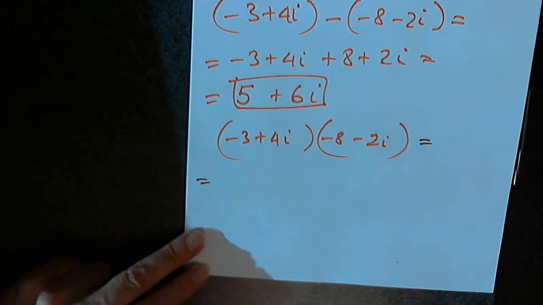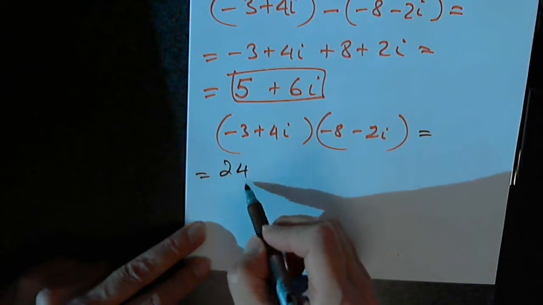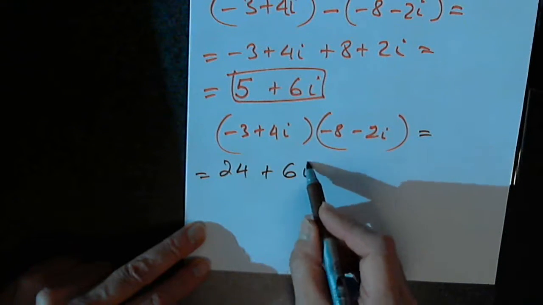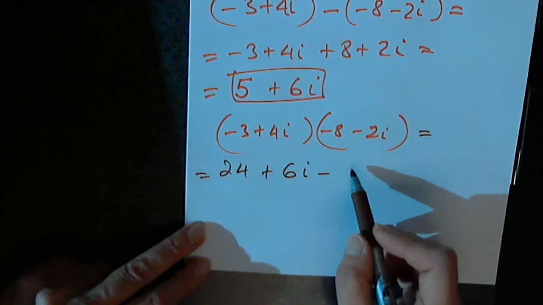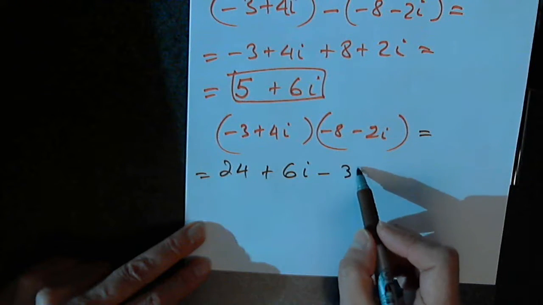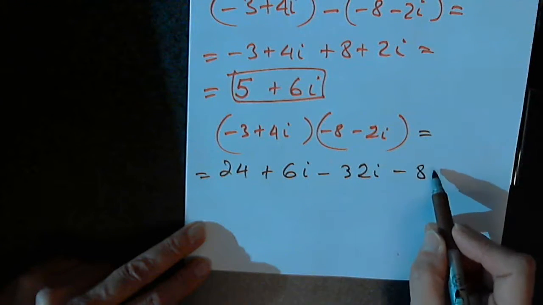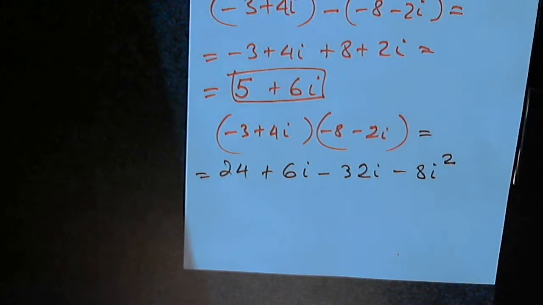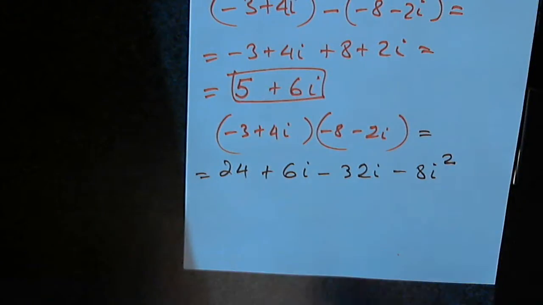What should I write? Plus 6 minus 32i minus 8i squared. Very good. Now, what do we know about i squared? i squared is negative 1.